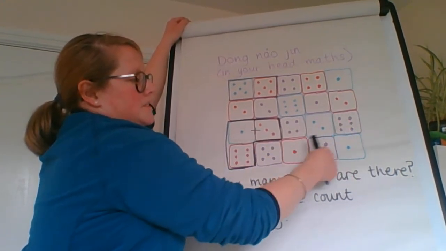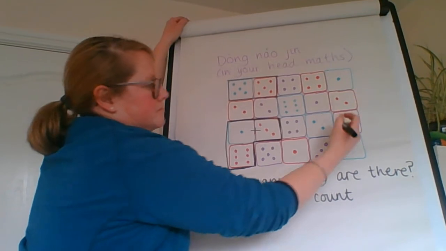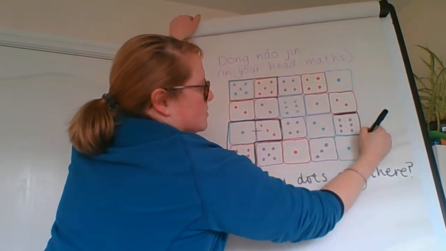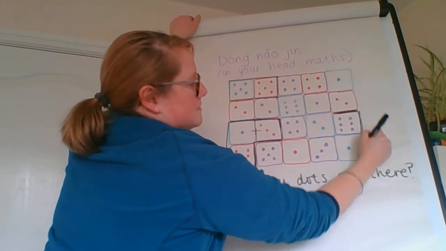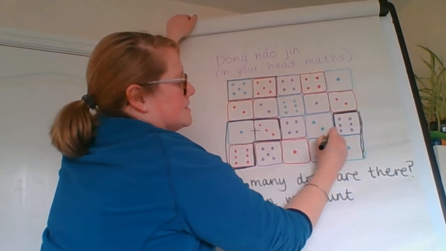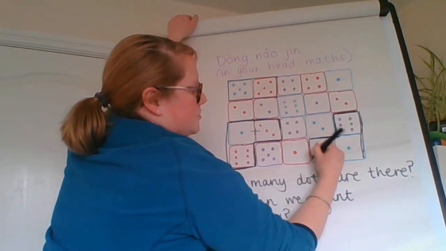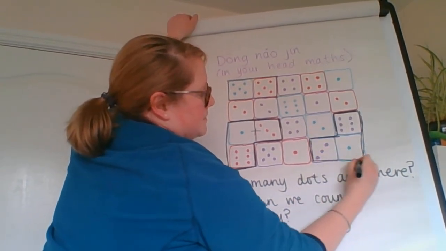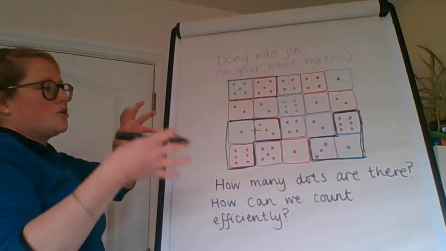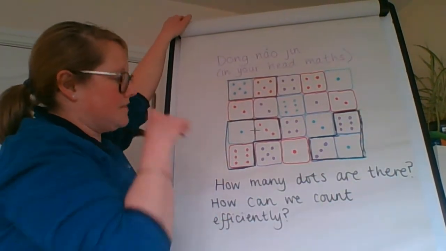I'm going to do it down in the corner though, because I think it will give me more opportunity to join boxes up. So 6 add 1 is 7, add 3 is 10. So let's join those. So now I've got 30 already just by grouping the dice faces.